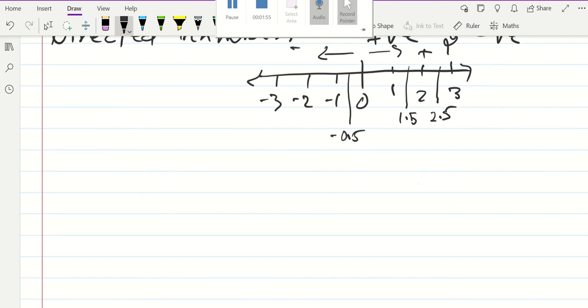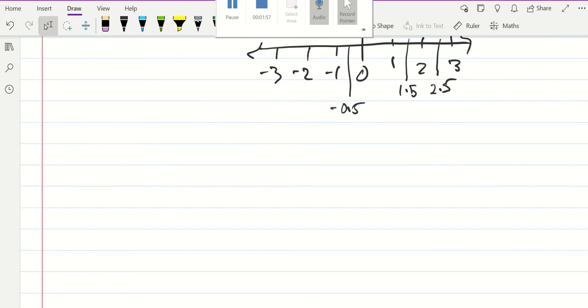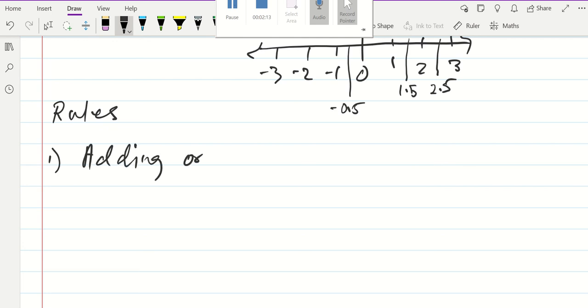So now, dealing with directed numbers, there are a few rules that I would want you to know. Some rules that you need to know when you are adding or subtracting directed numbers.